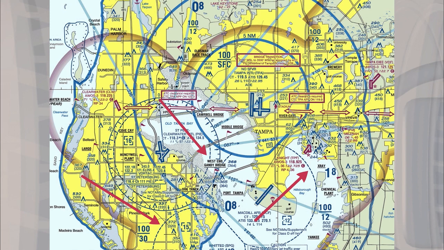So that goes to prove that none of these in the Tampa Bay area are complete circles. It said 4 nautical mile radius, but in this case, on one side of MacDill, being pressed up against the Class Delta from Albert Whitted, it's not going to be exactly 4 nautical miles there. It's a little bit less.